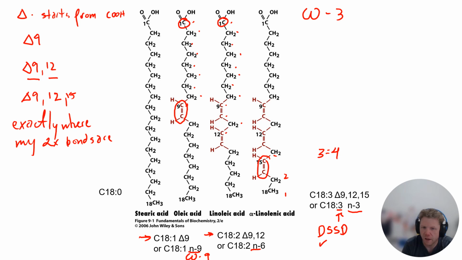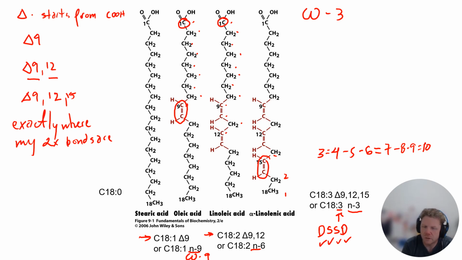Then 4 to 5 has a single bond because we've got DSSD. 4 to 5 is a single, 5 to 6 is also a single, and then 6 to 7 is where I'm going to see my next double bond. So that gets me 2 of my double bonds. Then 7 to 8, 8 to 9, and 9 to 10 is where I'll see my next double bond.